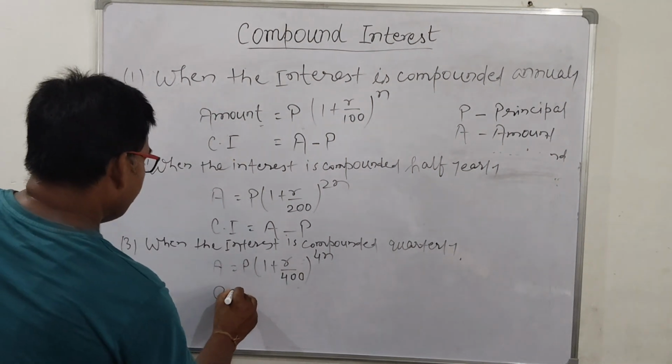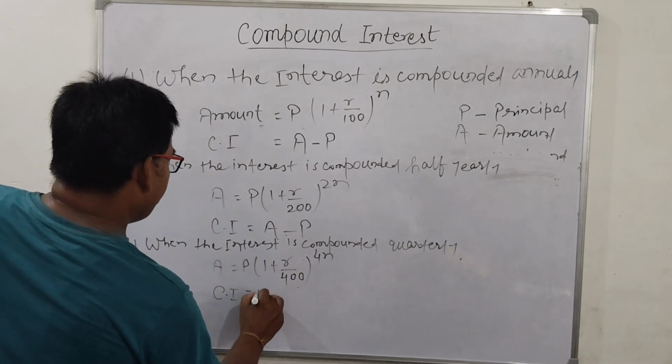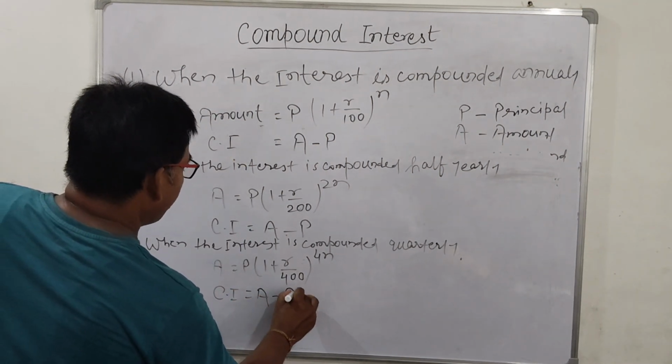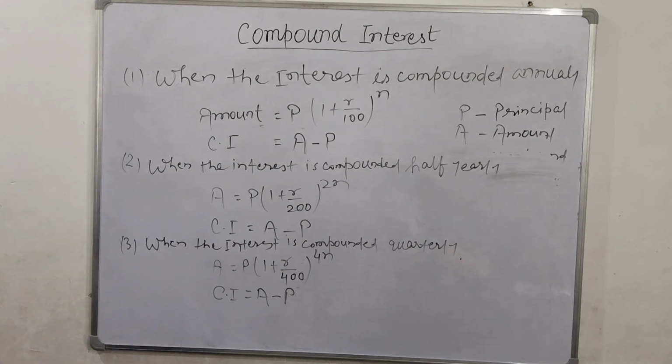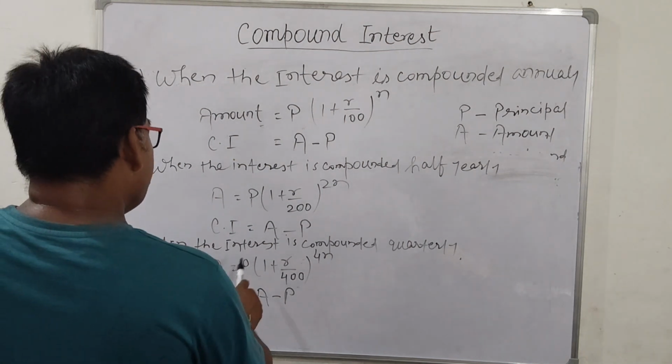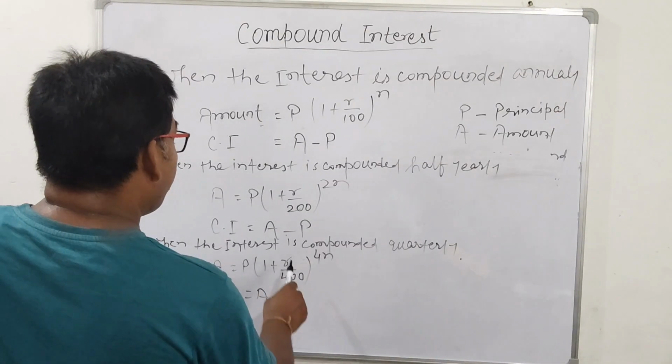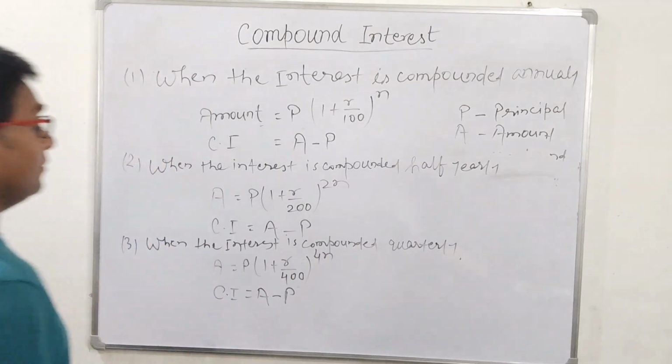Then CI is equal to A minus P, that is amount minus principal. So A is equal to P into 1 plus R by 400 to the power 4n.